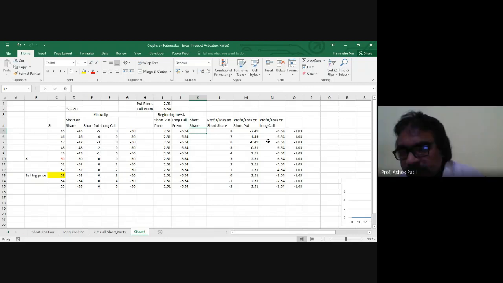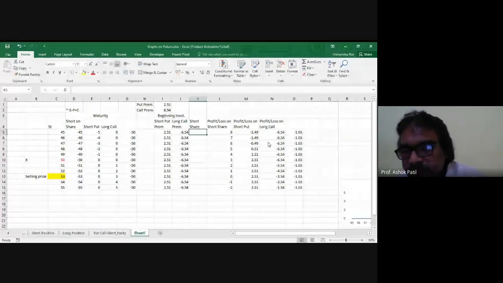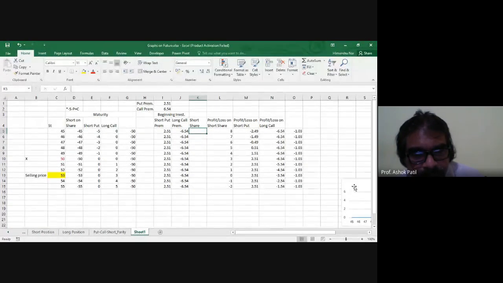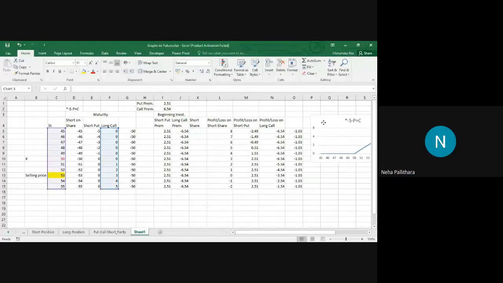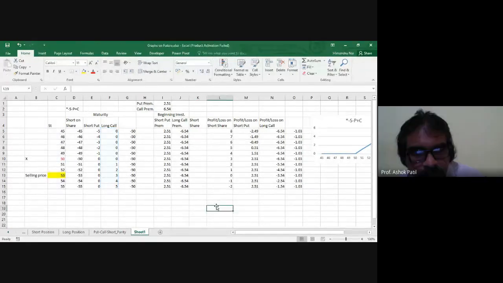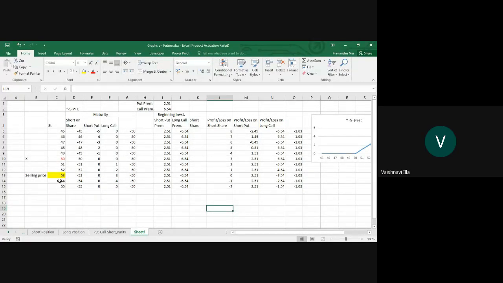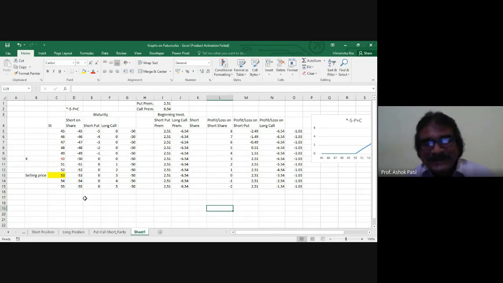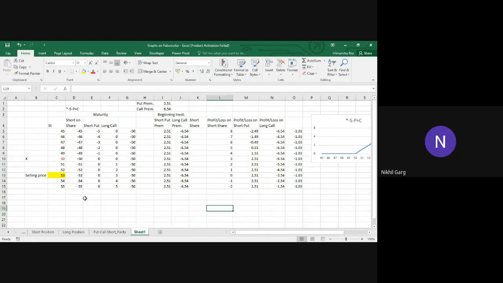Okay, I think Himanshu is telling 53. But 53 highlighted is the selling price in the beginning, while D is the maturity period value, and we are talking about the beginning investment.